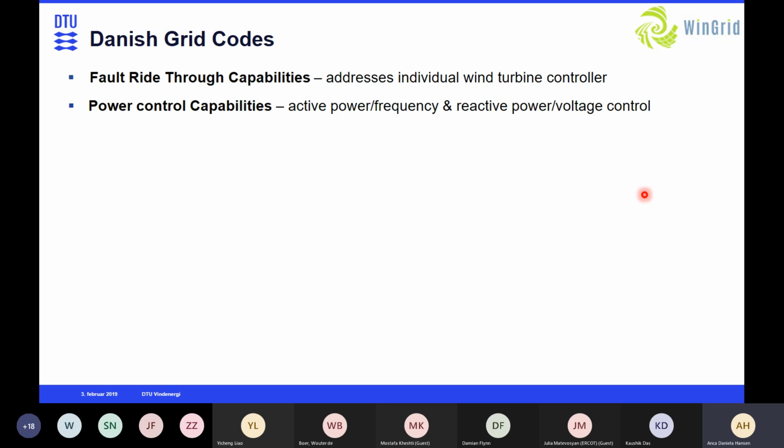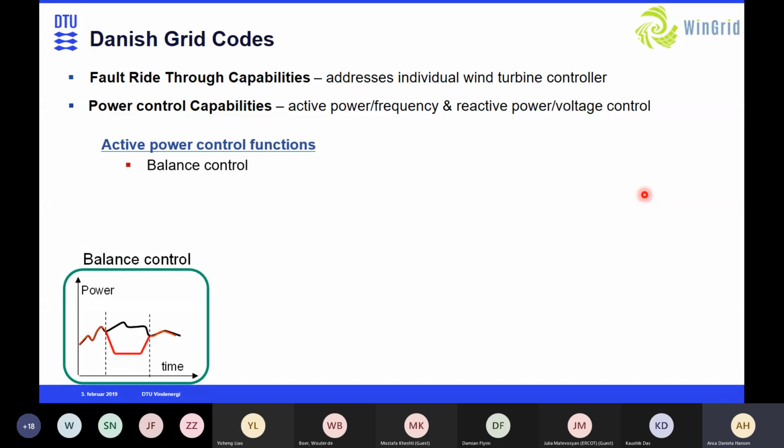And with respect to power control capabilities, wind power plants have to participate in active power frequency control as well as reactive power and voltage control. And the Danish TSO involves different types of power control.